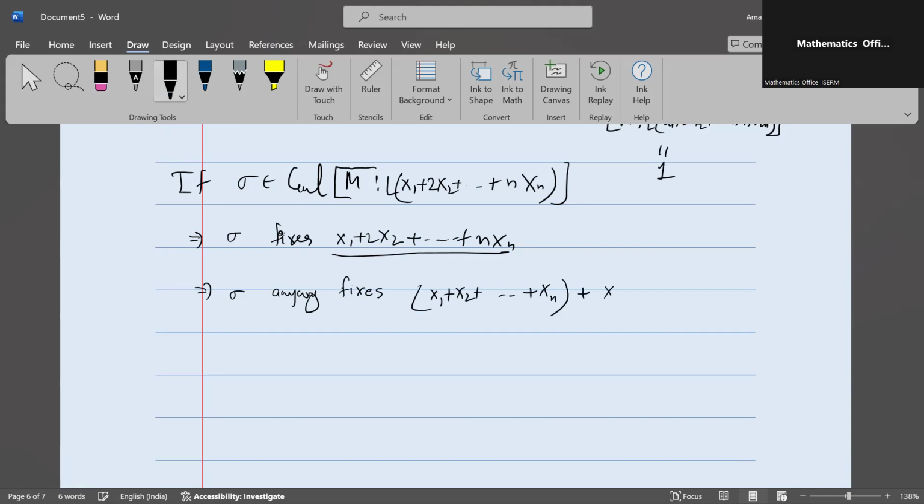Now what is left is x2 plus 2x3 plus and so on, this part. And sigma is an automorphism.